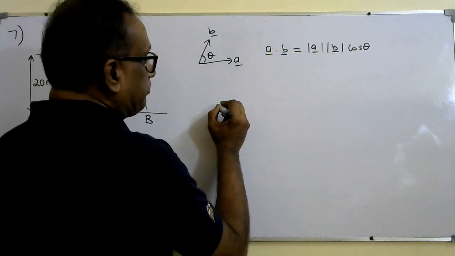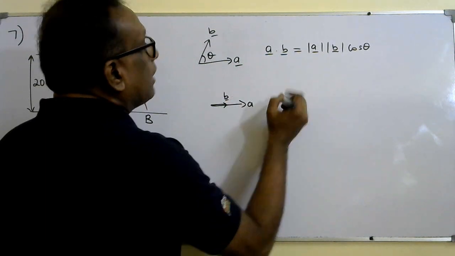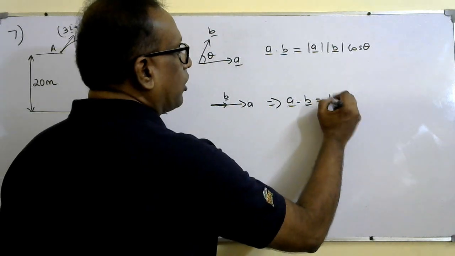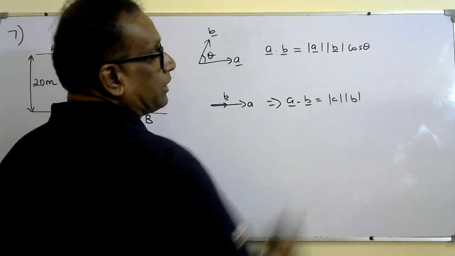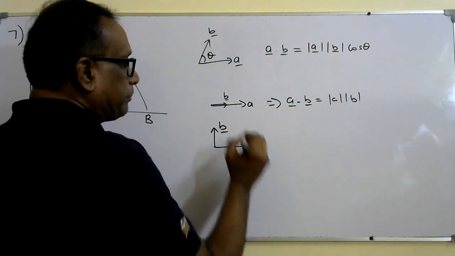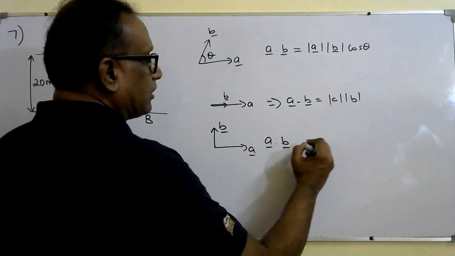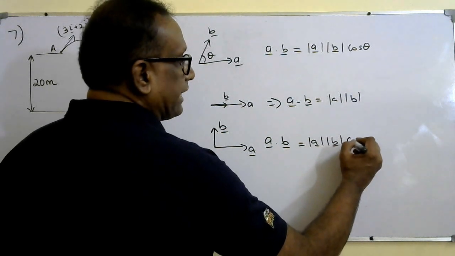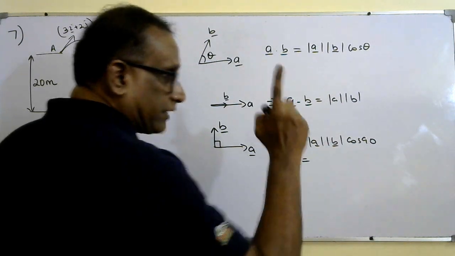If the two vectors are parallel, theta is 0, so cos theta is 1, and A dot B is mod A mod B. If the two vectors are perpendicular, A dot B equals mod A mod B cos 90, and cos 90 is 0, so the dot product becomes 0.